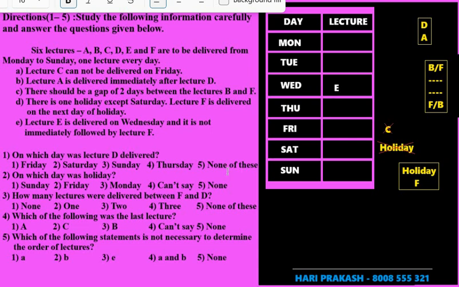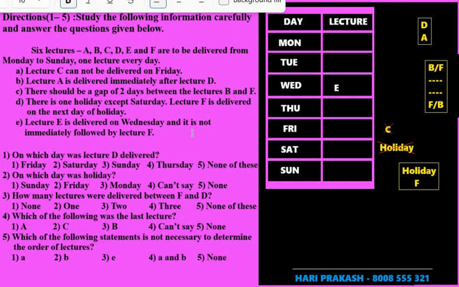Right. And it is not immediately followed by lecture F. This is a very important point actually. Almost a turning point. If we misunderstand a single point or single word here, the whole table goes wrong. So what is the meaning of this point? Lecture E is not immediately followed by lecture F means lecture F comes after lecture E but not immediately.